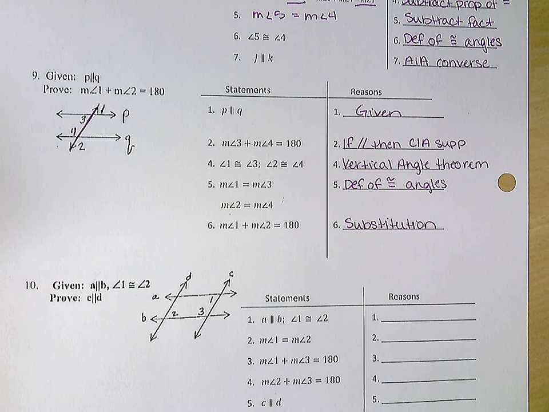And then number 5 I said was consecutive interior angle. With this one, you have an if parallel reason and a converse. And then number 4 is the substitution.